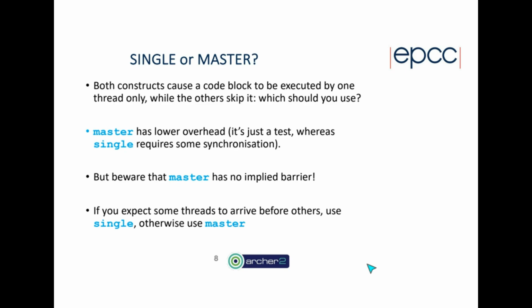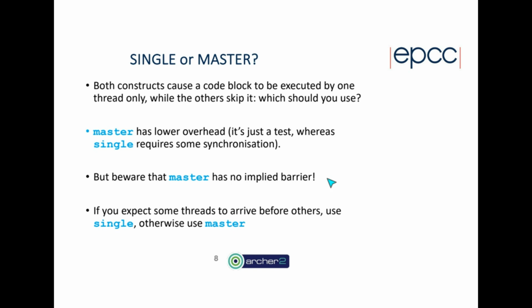But single requires some internal synchronization because you might have the situation where two threads both arrive at the single at the same time, and they have to synchronize correctly and agree that one thread's going to execute the block and the other one isn't. You just have to remember this strange asymmetry between these two.